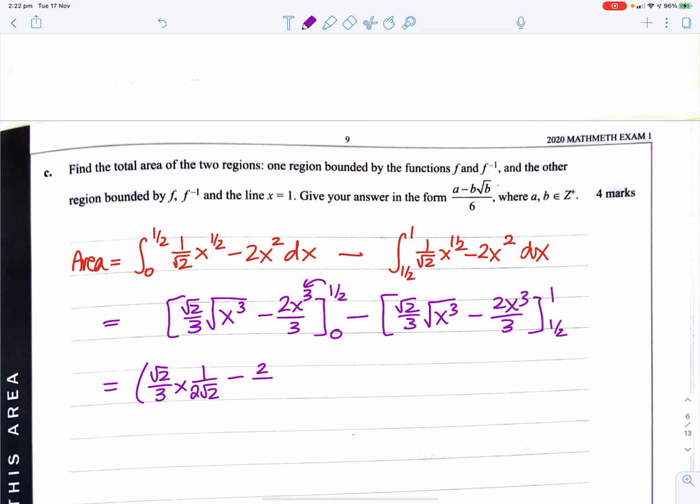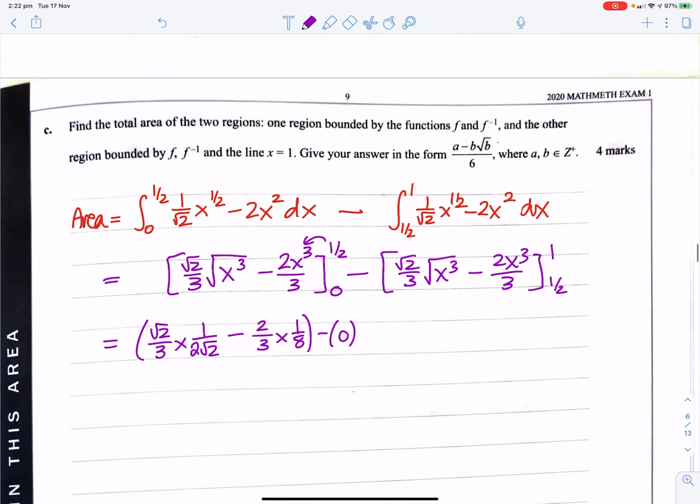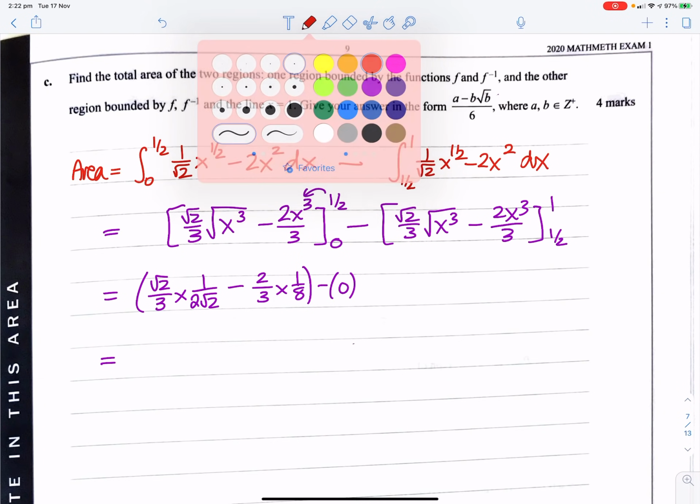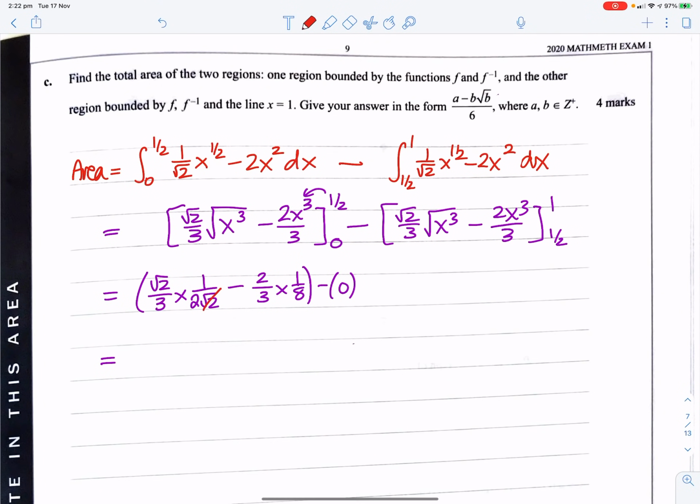So I get 2 on 3 times 1 on 8. If we sub 0 in, we get 0 because it's a polynomial. So we know here that will cancel with that. 1 on 6. That will make that a 4 minus 1 on 12. So that's our first one.